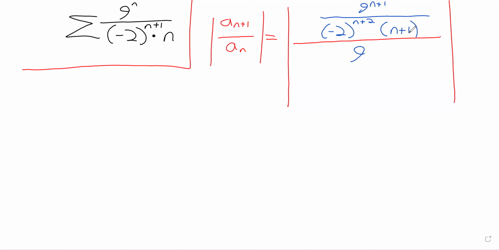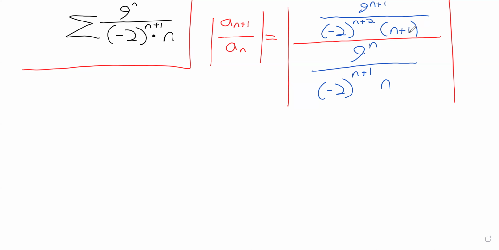And then down here, we've got the terms of the series. These are all in absolute values. Yesterday, the absolute values never actually did anything because the examples we looked at were all positive. Here, it's important that we remember them because we've got negative stuff floating around that the absolute values are going to get rid of.